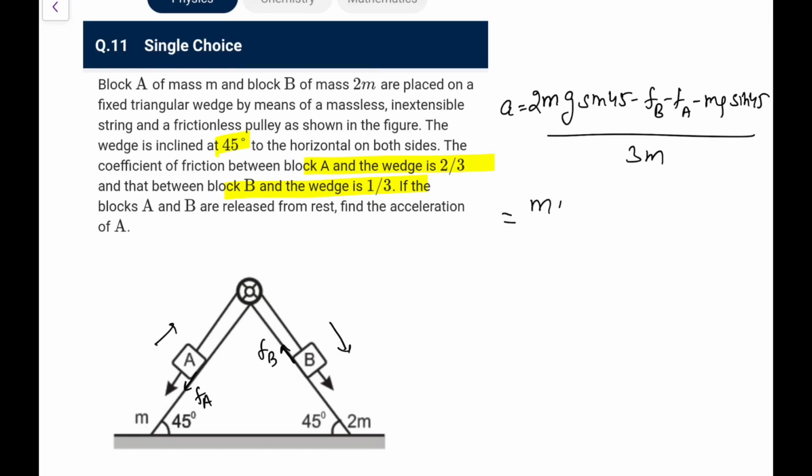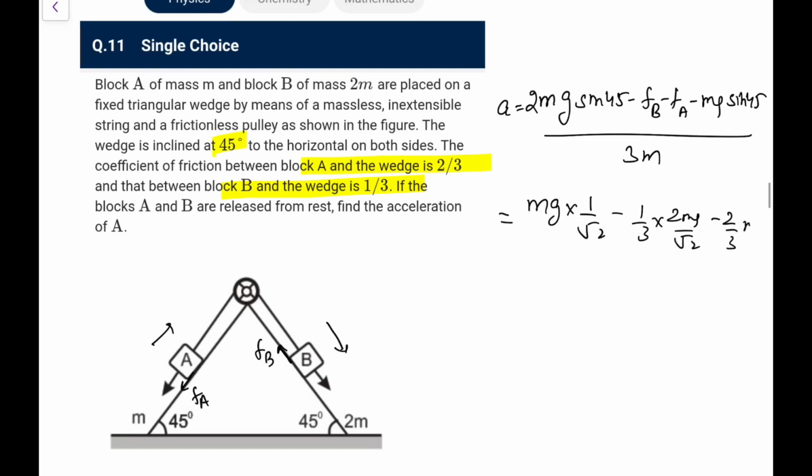So this is mg sin 45, which is mg by root 2, and Fb is 1 by 3 into 2mg by root 2, and Fa would be 2 by 3 into mg by root 2, if I put the values, mu mg cos theta, upon 3m.